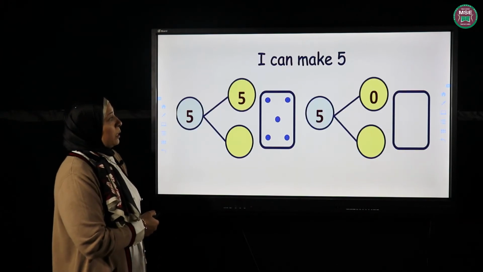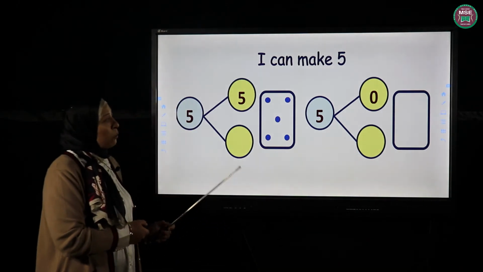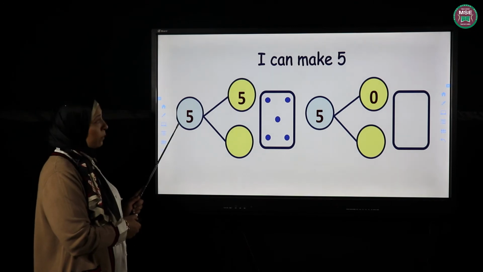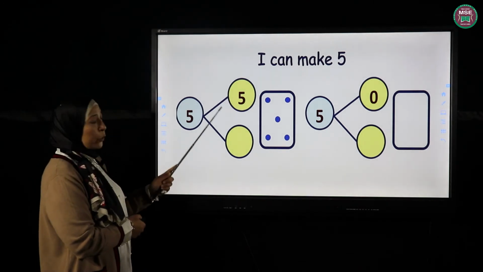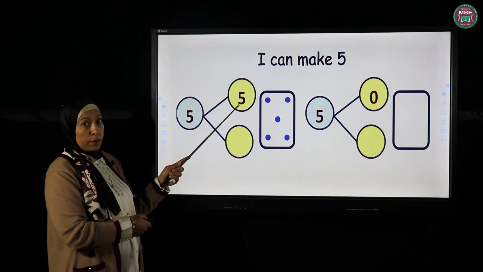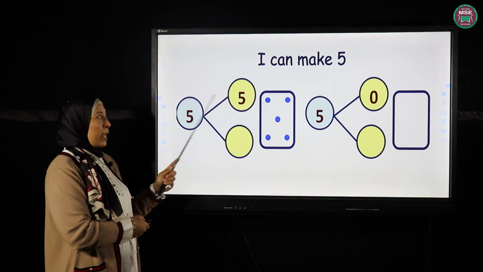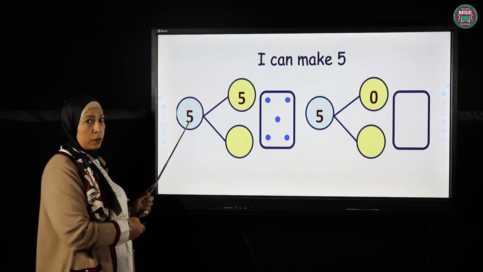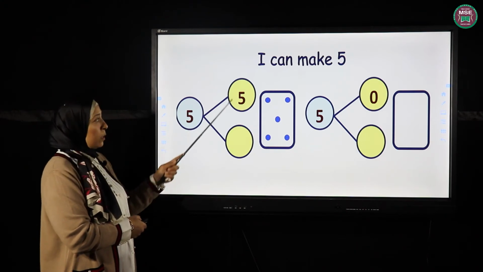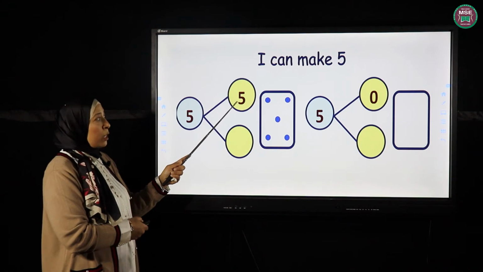Okay, here we have an extra one, but this one I want you to think about it. Here in the whole part I have number 5. Also in the parts here I have 2 parts. The first one has number 5. So do I need any more dots to make number 5? Do I need? No, I don't. In part 1 I have 5, so I cannot draw any more dots.